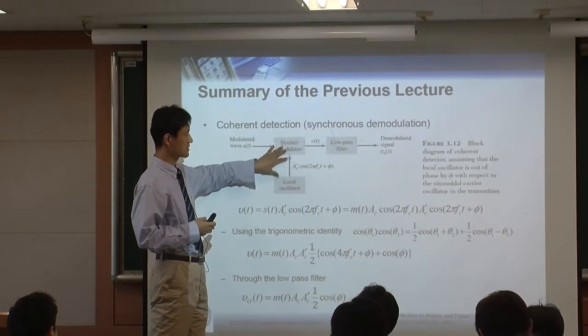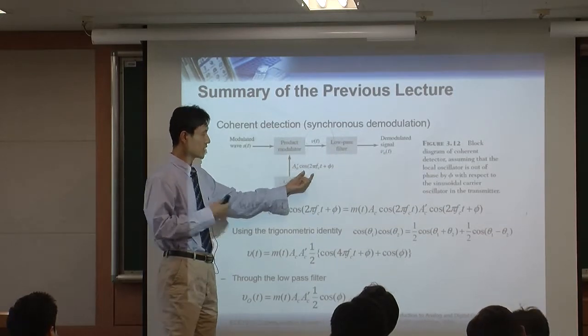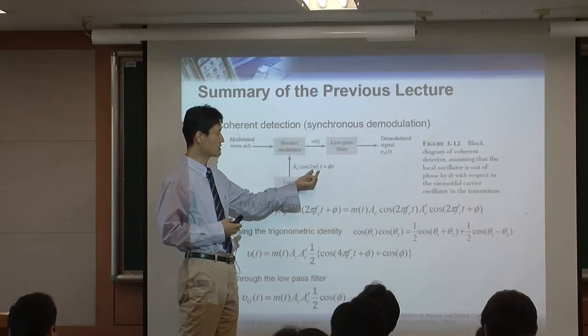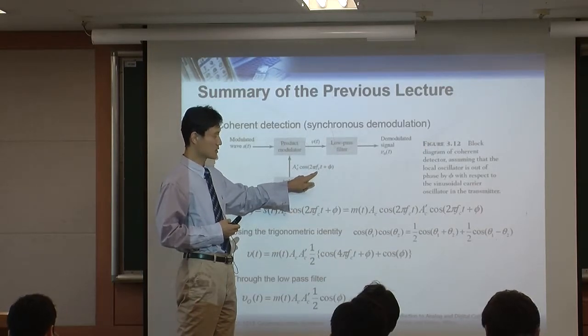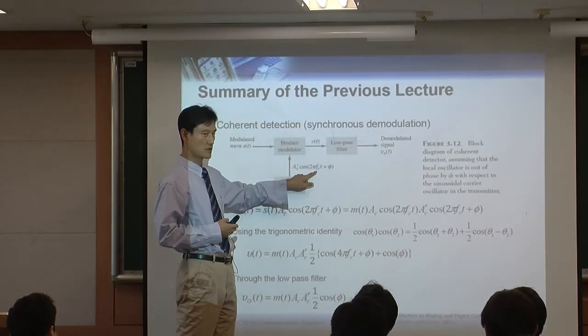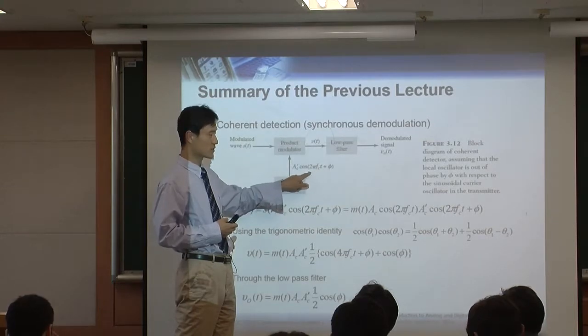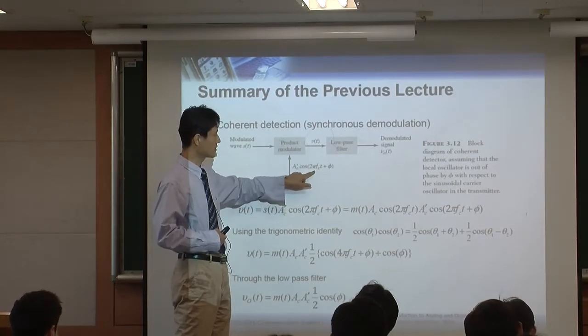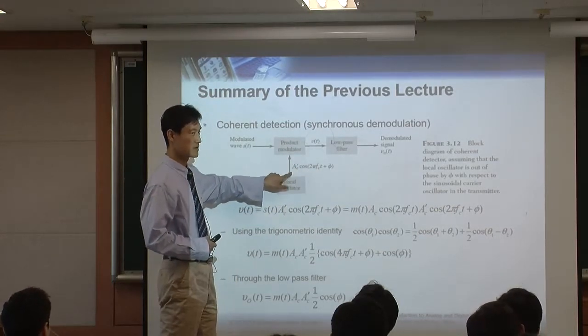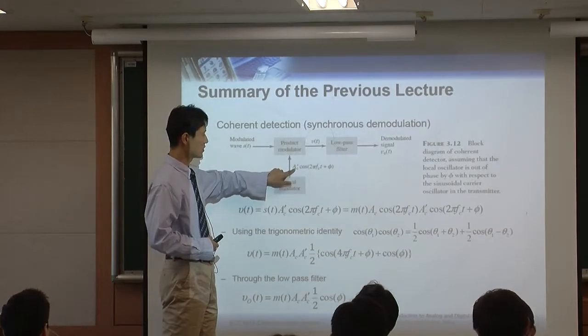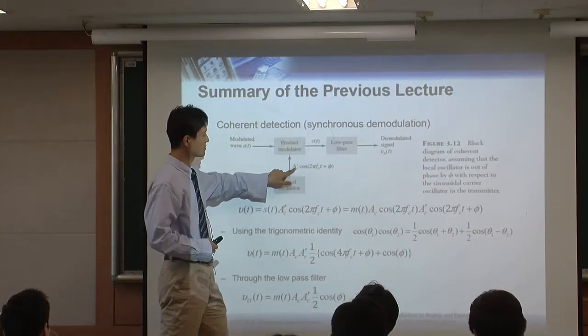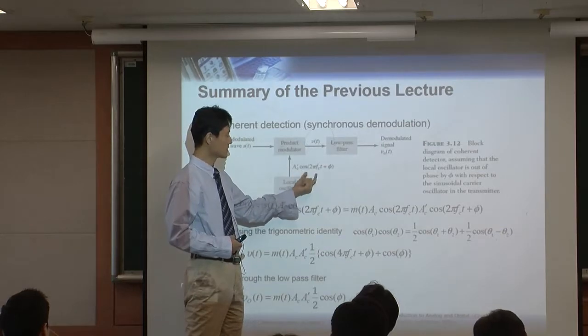The same carrier, using the same carrier frequency, so we are multiplying by the same sinusoid. The amplitude doesn't matter because it's just constant anyway. So forget this amplitude, it's not important.